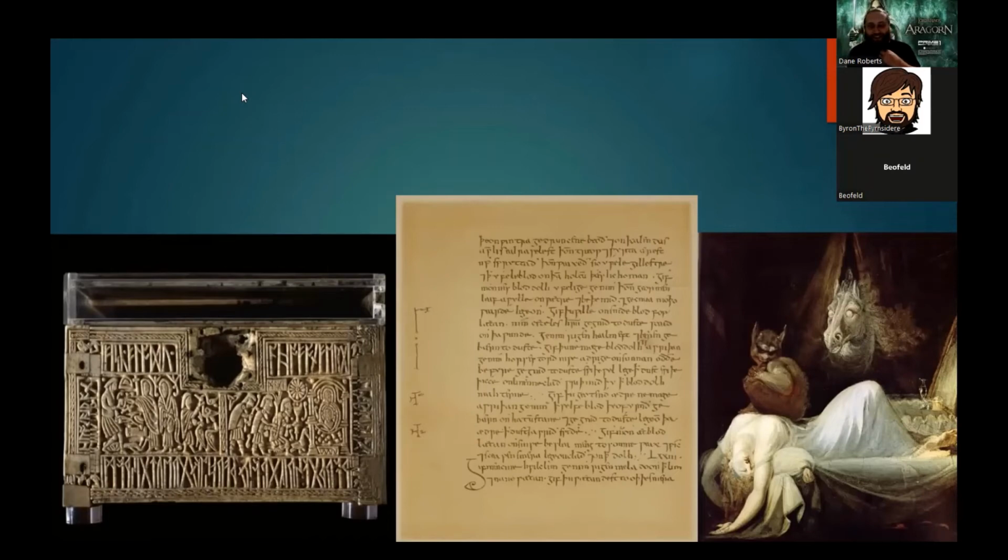So it's okay. And then other elf-like creatures that are etymologically similar, if not the same: Alps, not to be confused with the Alps bordering Italy and Germany or France, though that is where it comes from.